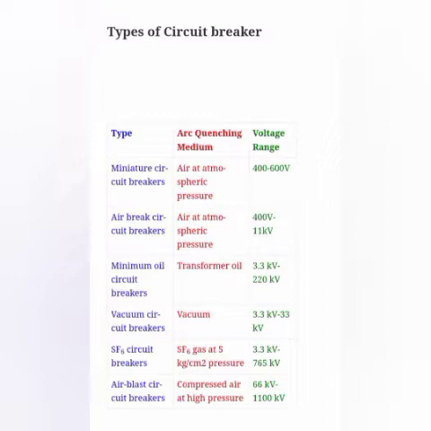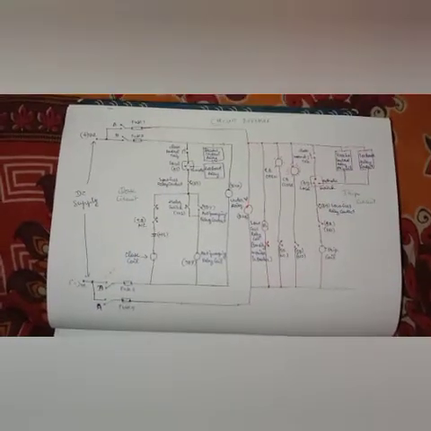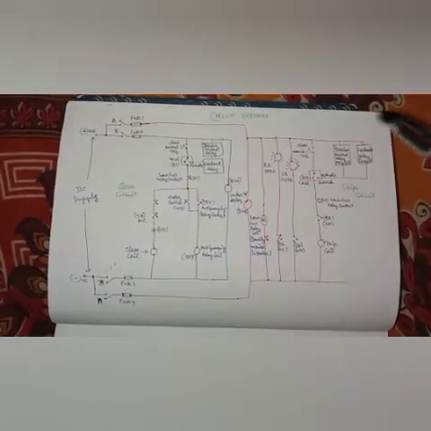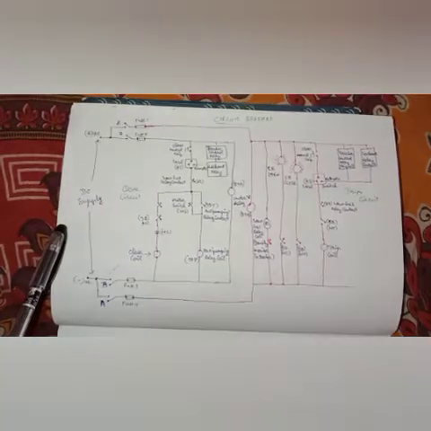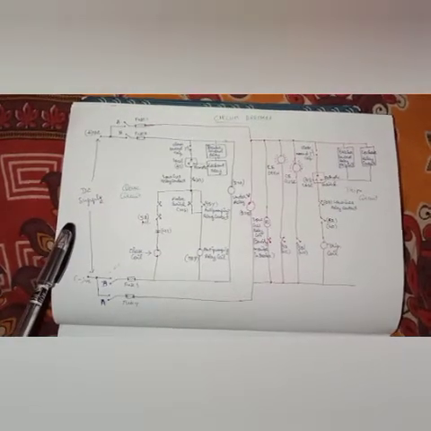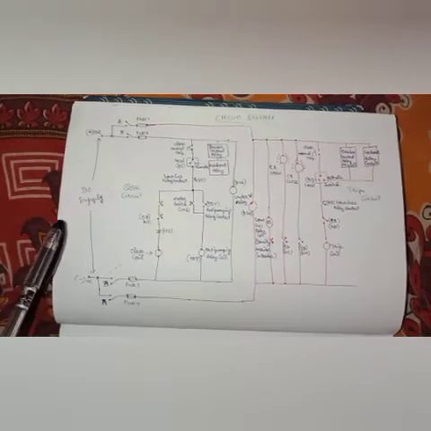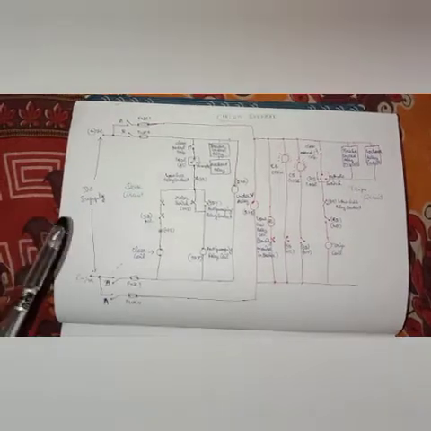Next, coming to the circuit breaker diagram explanation. Now we are going to see the basics of your circuit breaker diagrams. Normally in a circuit breaker we use a DC supply, because in case of any emergency, suppose all the auxiliaries get cut off.